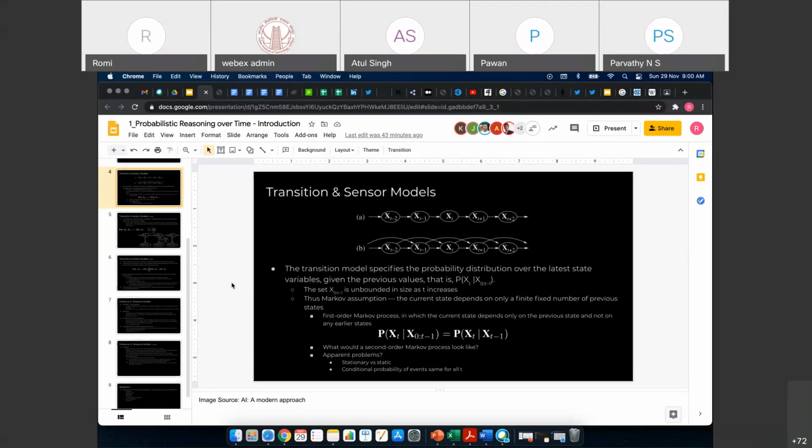What kind of trade-offs would you make in considering your state variables versus evidence variables? Would you increase the order with time to model the complexity? How would you do that? Right? Any thoughts, any ideas on that? We have a couple of minutes before the quiz and everything starts. Any thoughts from anyone?